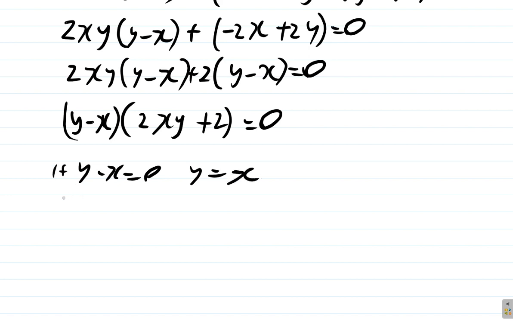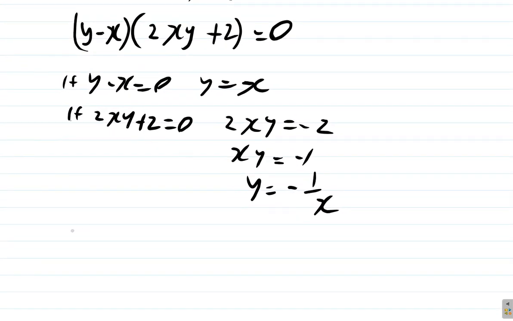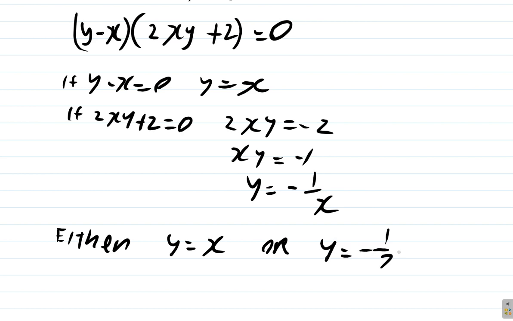And if 2xy plus 2 equals 0, then 2xy is equal to negative 2. If we divide by 2, xy is equal to negative 1 and y is equal to negative 1 over x. Therefore it is either that y equals x or that y is equal to negative 1 over x.